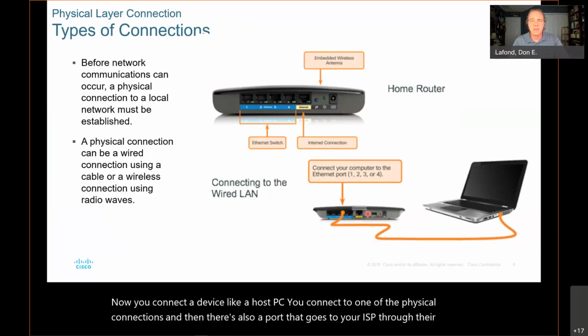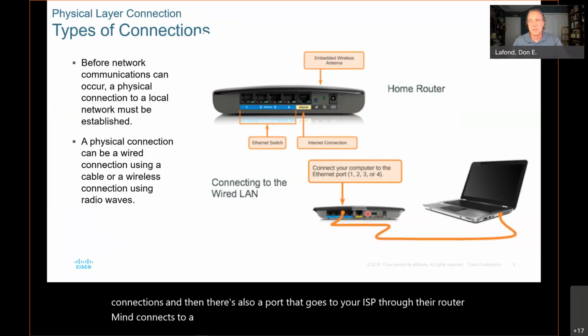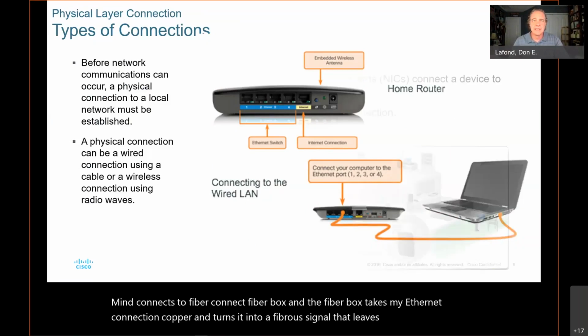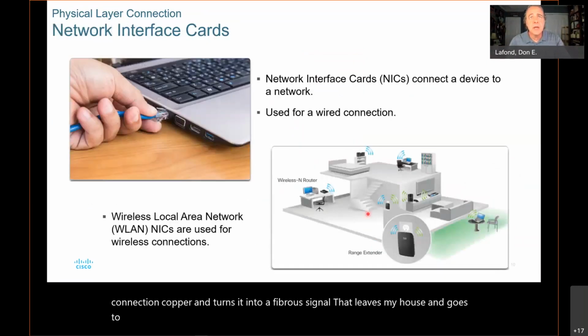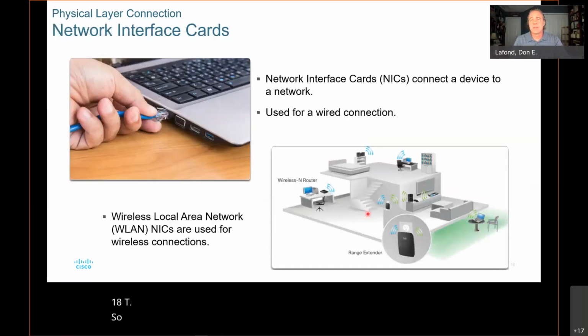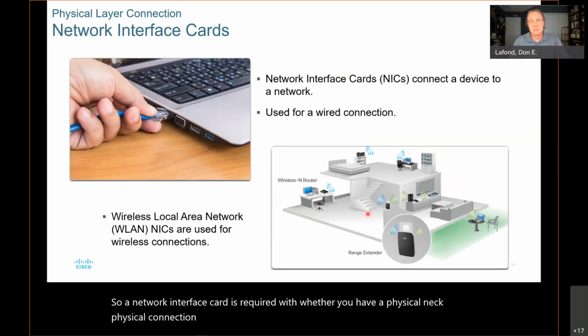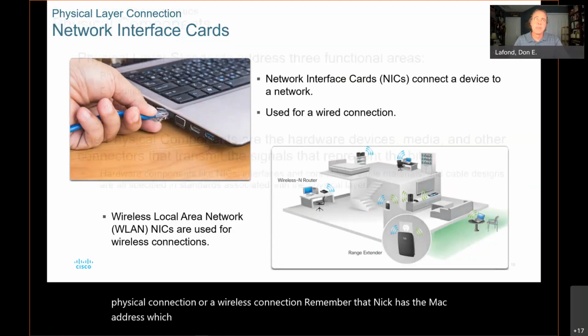Mine connects to a fiber box, and that fiber box takes my Ethernet connection, copper, and turns it into a fiber signal that leaves my house and goes to AT&T. So a network interface card is required whether you have a physical connection or a wireless connection. Remember that the NIC has the MAC address, which is unique for that device.